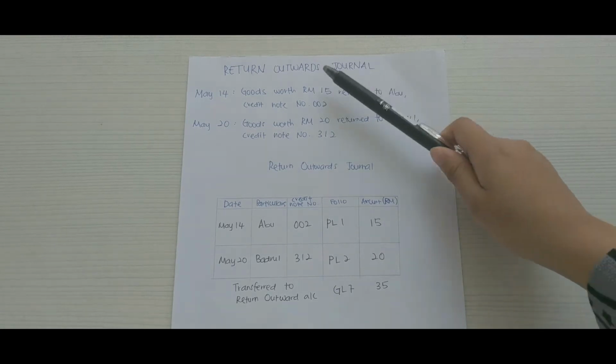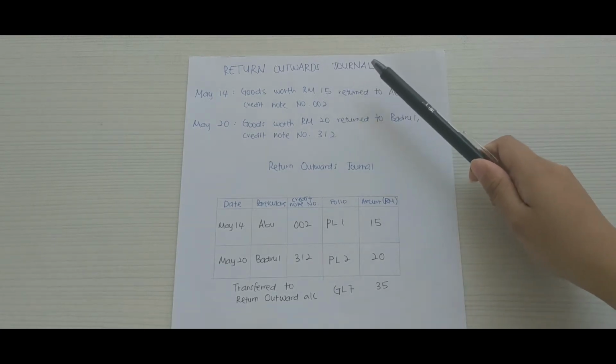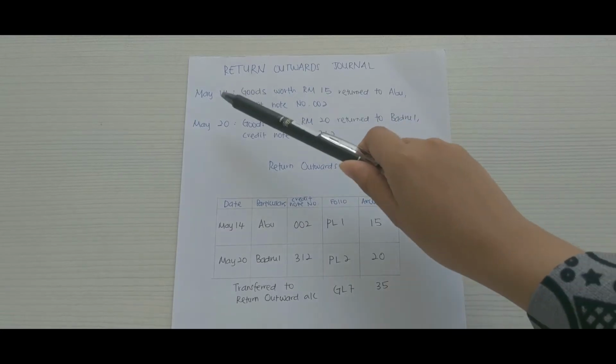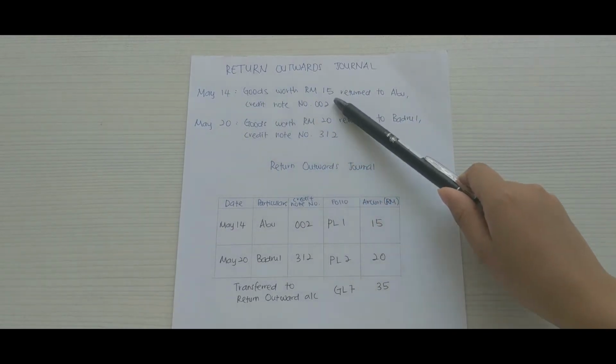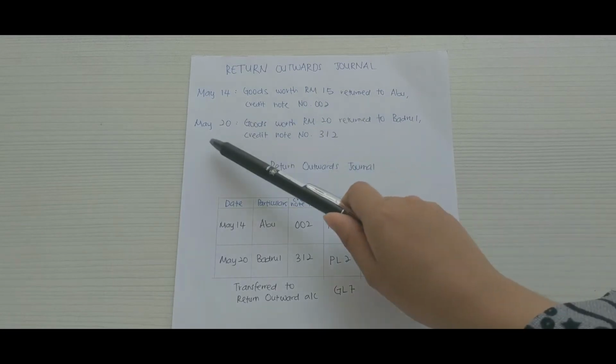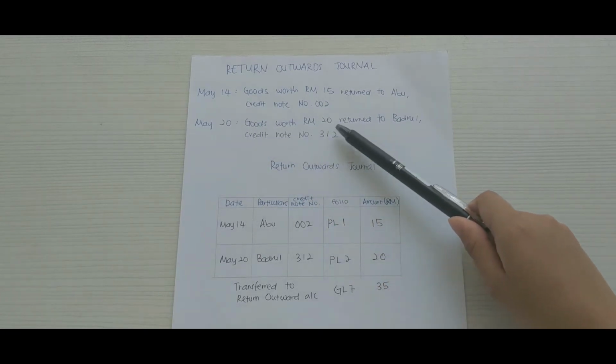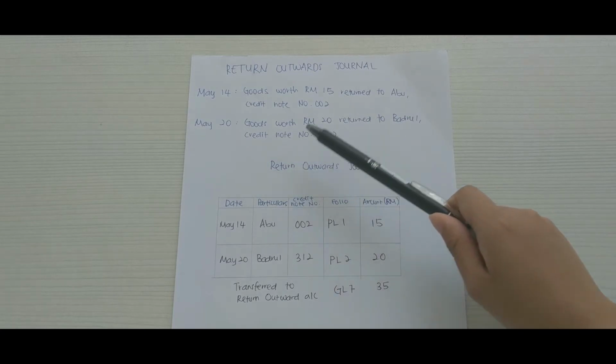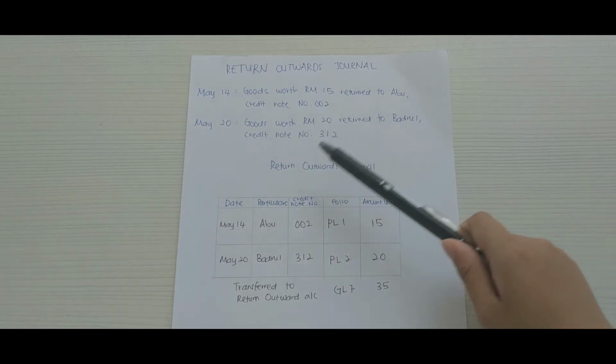Okay, the return outwards journal is used to record transactions involving goods returned to suppliers. For example, May 14th, goods worth 50 ringgit returned to Abu, credit note number 002. May 20th, goods worth 20 ringgit returned to Badrul, credit note number 312.